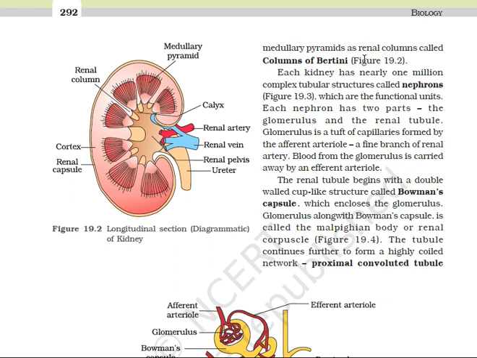The renal artery divides further into the afferent arteriole, that means the renal artery divides into very fine branches.